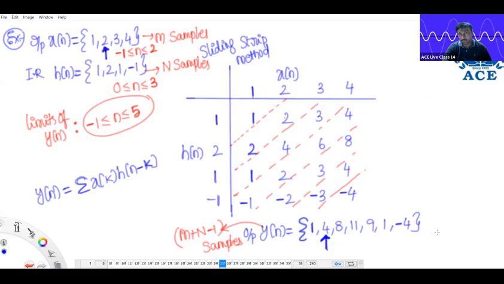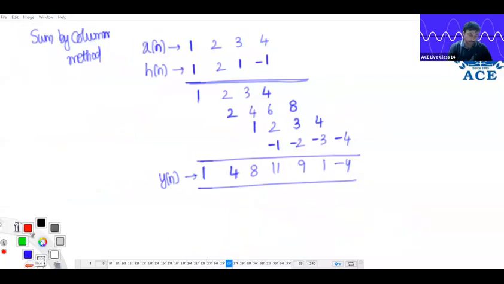So whatever output answer I got, the first sample is minus 1, 0, 1, 2, 3, 4, 5. Look here: first sample is at minus 1, which means the arrow mark indicates the sample at 0. That becomes 4. If nothing is given, that means it is the starting sample only.